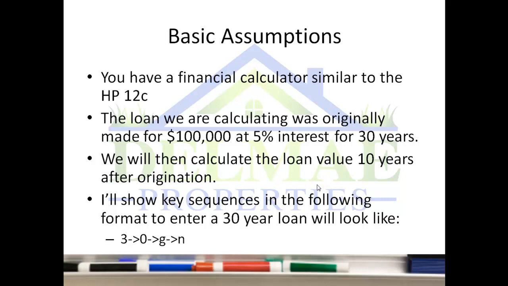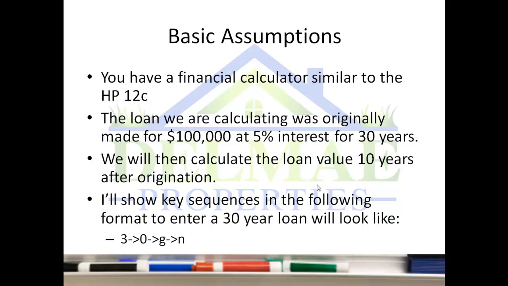The loan we're calculating for this example is a $100,000 loan, the original amount, made at 5% interest for 30 years. When we're done calculating the payment, we're going to calculate the loan value 10 years after its origination.